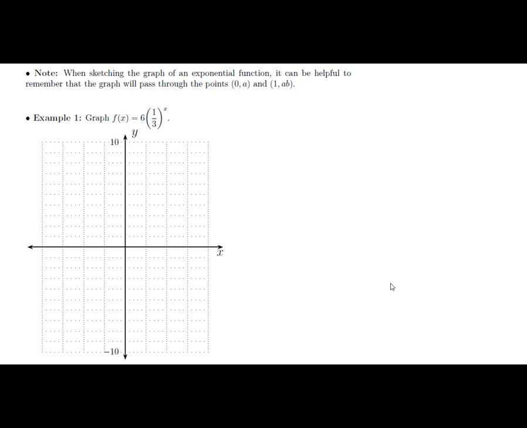Two points that are always nice to keep in mind, that are always going to be on your graph, are, as we mentioned on the previous page, (0, a), and the one we didn't mention was the point (1, ab), right?